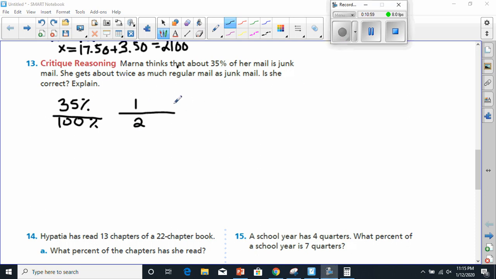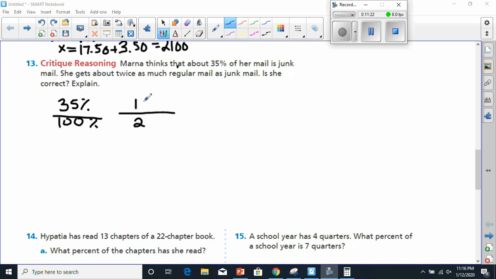I do see one thing here that I have to address, because though it does say she gets about twice as much regular mail as junk mail, this 100% here means 100% of her mail.